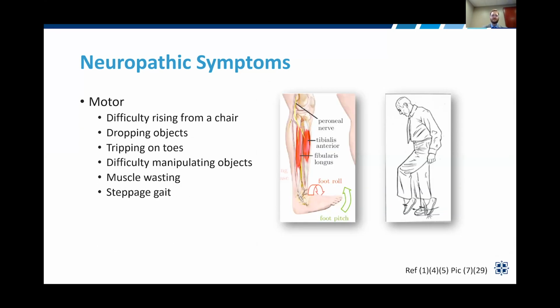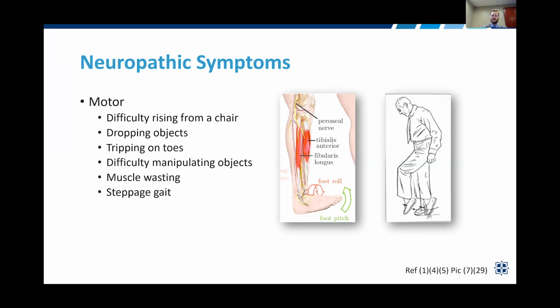So talking about the motor symptoms, of course we're going to do an examination that tests formal motor strength, but when you're asking the patient about symptoms, they may complain about certain functions that are more difficult for them, and that will help you localize where the weakness is most prominent. Something that you will see in a lot of patients with neuropathy secondary to hereditary amyloidosis is the steppage gait.